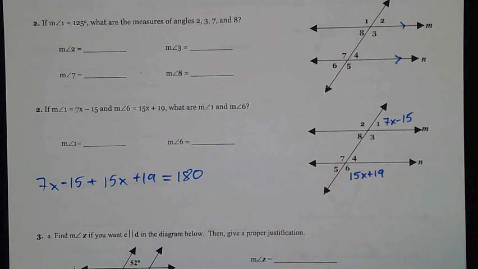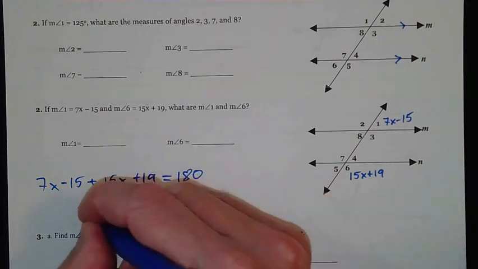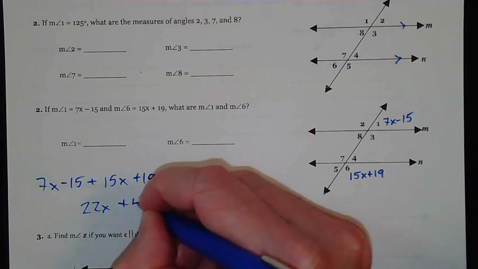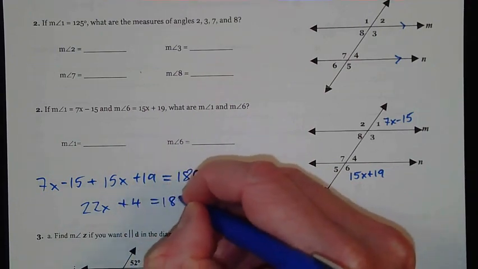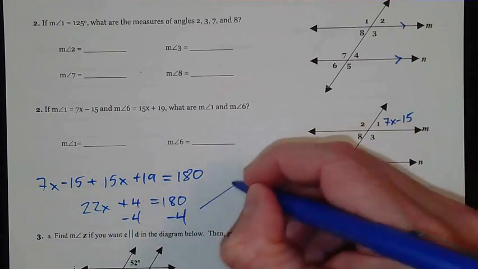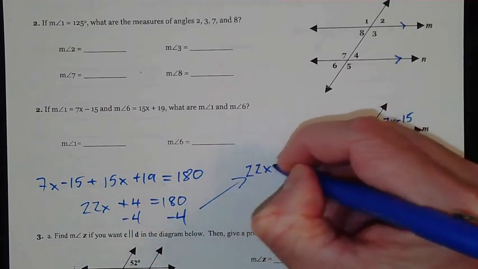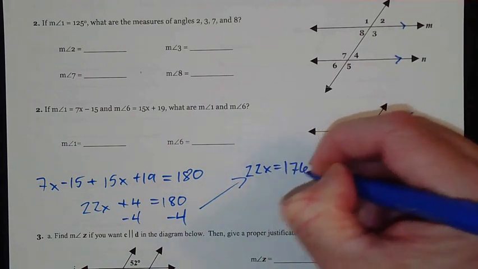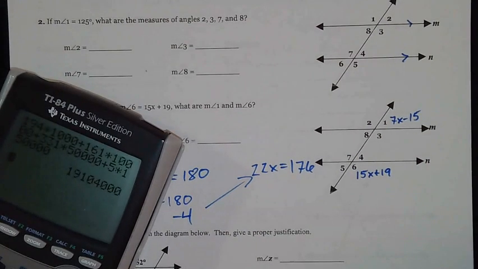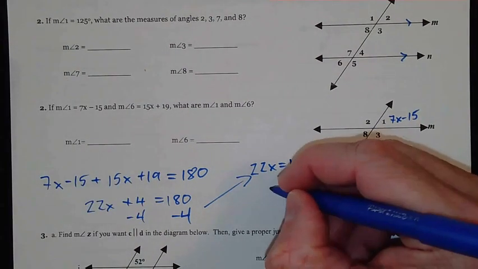We'll be able to plug that in and get either one of these. I'll go ahead and do that. You can go ahead and do that also. We'll see what we get once we are done with it. Combining like terms, subtracting 4, and then 176 divided by 22 is 8.